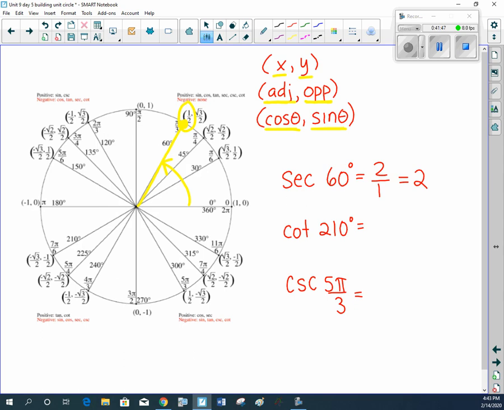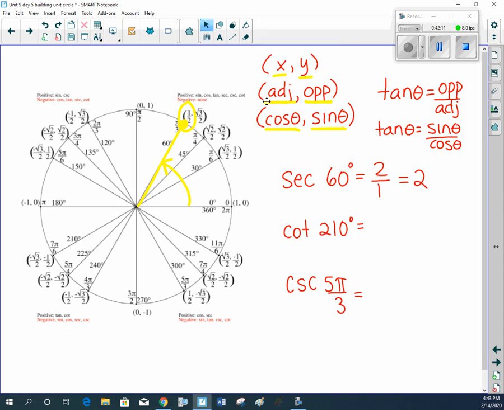Okay, cotangent. Let me put the tangent over here just to remind you. Tangent is opposite over adjacent, or we could also use it as sine over cosine. Okay, so if I'm going to do cotangent of 210 degrees, I'm going to start on the positive x-axis.